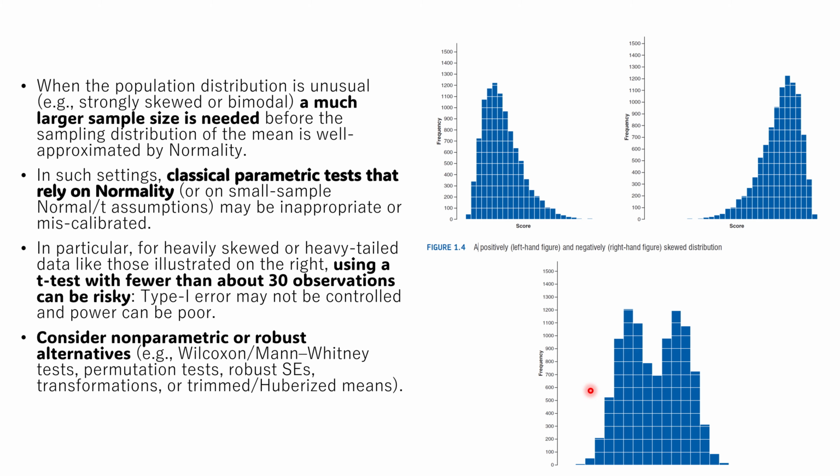So we might get the wrong p-value, maybe rejecting or not rejecting by mistake.